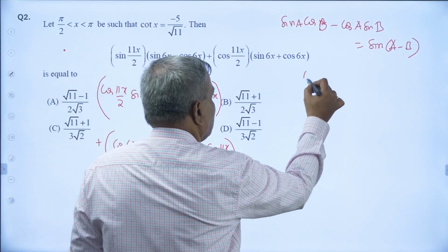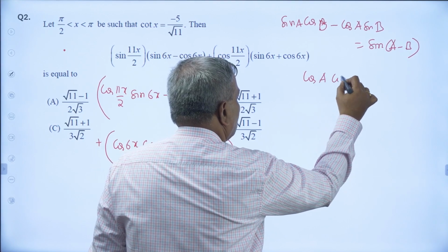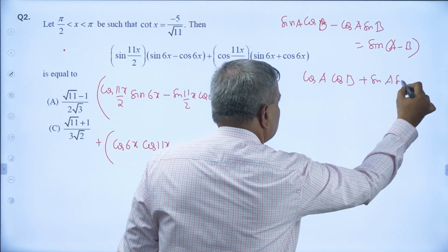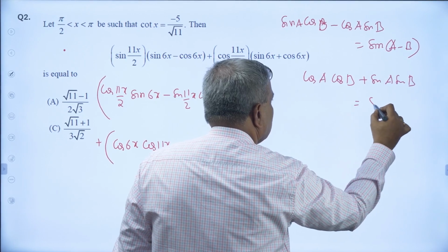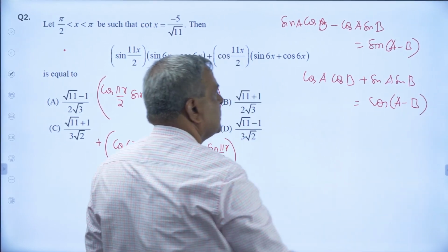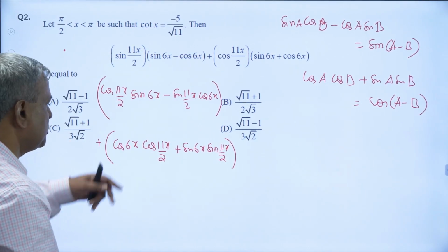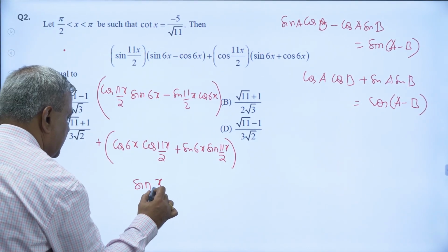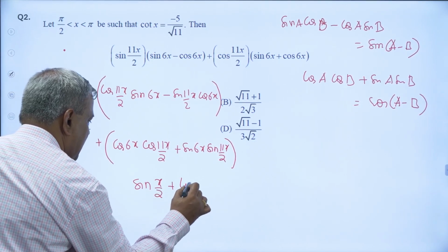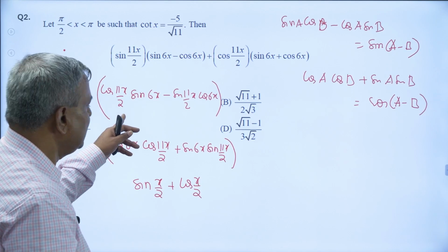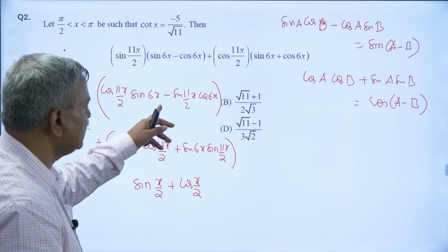Similarly, cos A cos B plus sin A sin B is equal to cos of A minus B. Substitute it. The first bracket will give you sin x by 2, plus the second bracket will give you cos x by 2. Very simple.